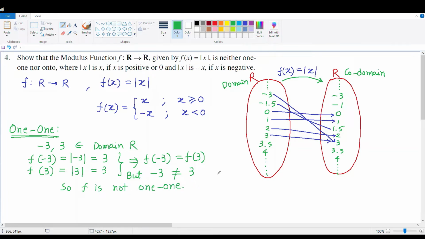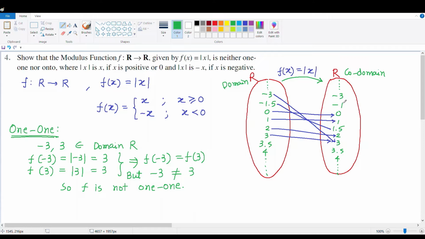Now we are going to look for onto function. Whether this is onto or not, who is going to decide that? You just need to look at the codomain and see, is every number in this codomain connected to some number in the domain? That means, does every number in this codomain have a pre-image in this domain?